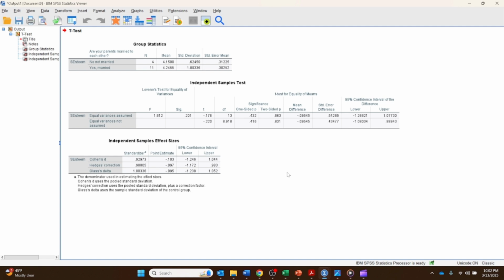The answer is clearly no, it's not less than 0.05. So this difference in means is not significantly different. Therefore, there is no difference in self-esteem scores between students whose parents are married and students whose parents are not married. And that's how I would interpret that result.